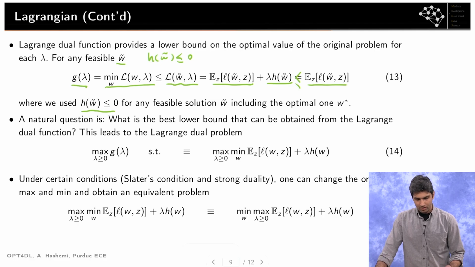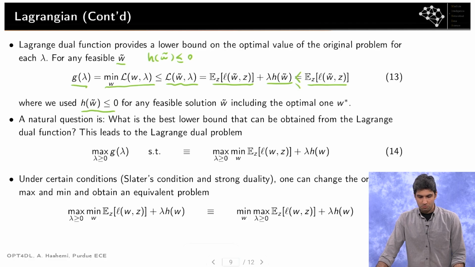Okay. Now what we established was that the dual function for any lambda is a lower bound on the loss value of any feasible solution. Now the optimal solution by definition is a point that is feasible.